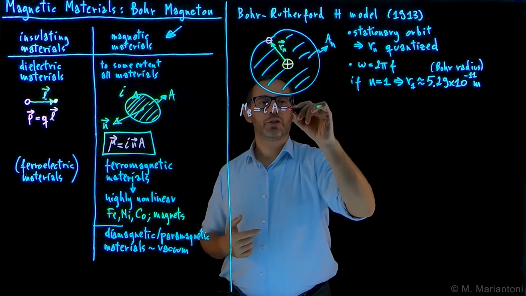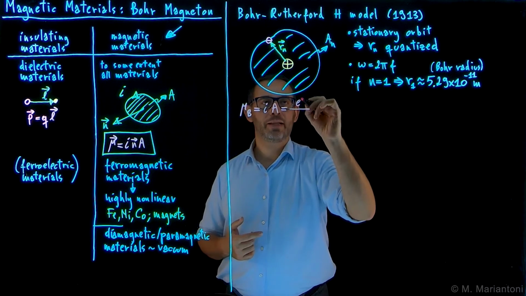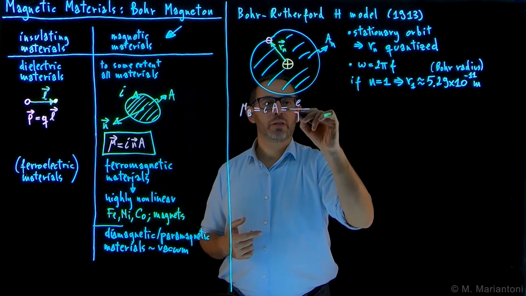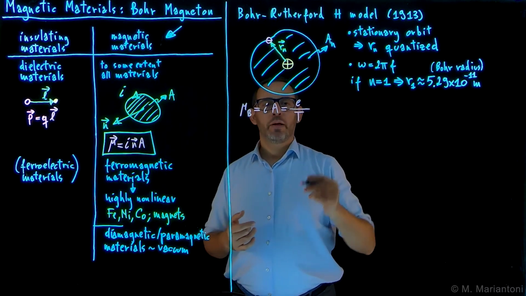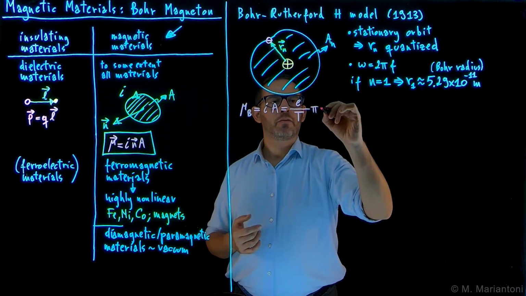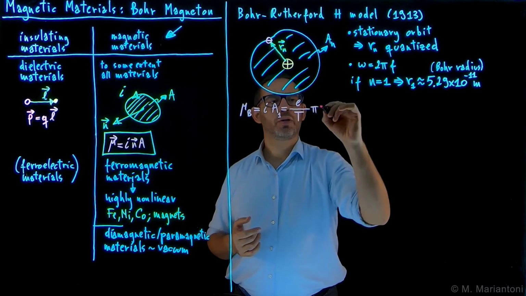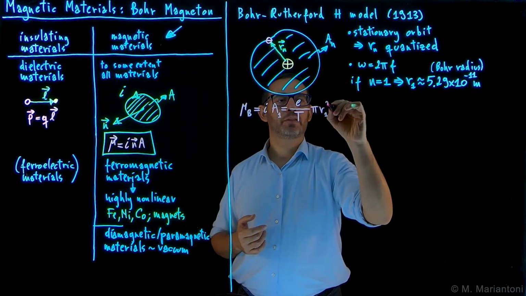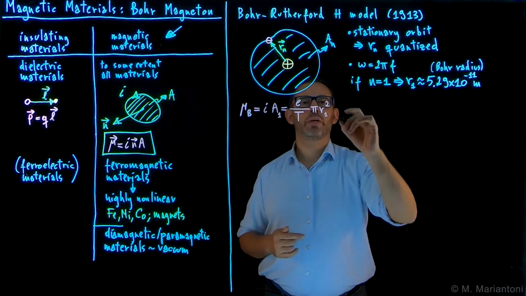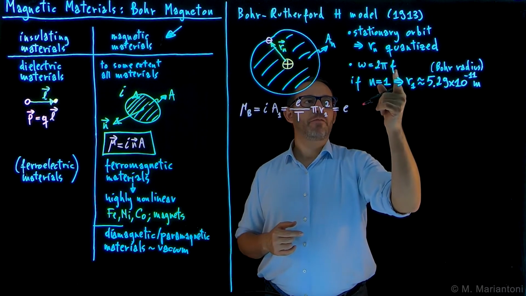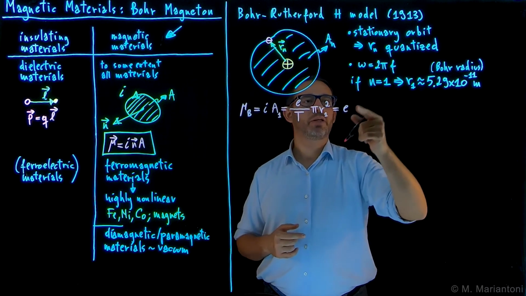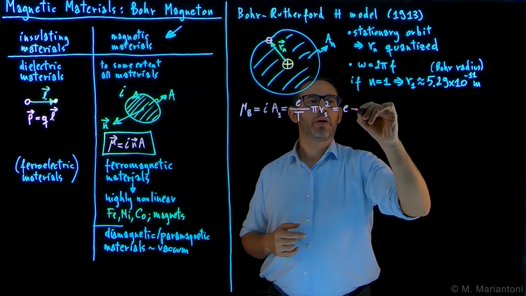So it has to be the only charge we have available here, which is the electron charge, moving around this proton in a period capital T, times the area, which is pi R1 squared, the lowest orbit. Okay, so we can rewrite this as e times the inverse of T, which is f, so e f, but f is omega over 2 pi.